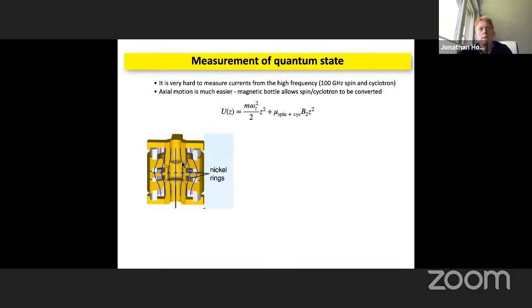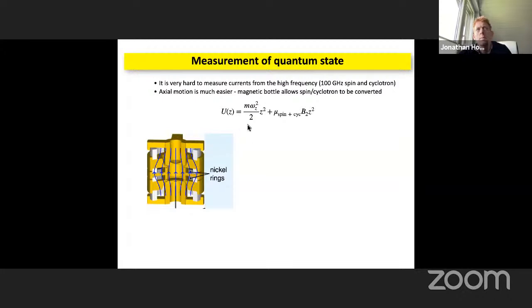What they use to make sure that the axial motion can see the radial motion, because we want to measure cyclotron and spin frequencies, is something called a magnetic bottle. They create a magnetic field inhomogeneity such that the magnetic field is reduced in this region and is higher in the regions above.